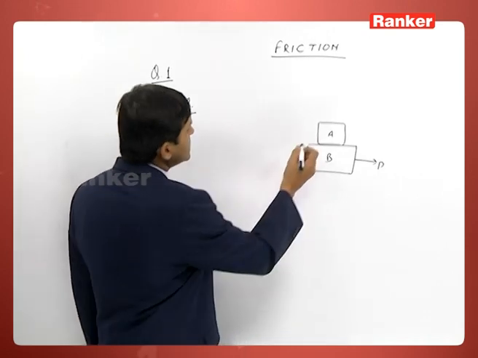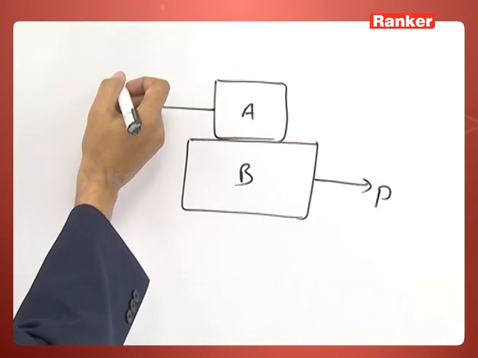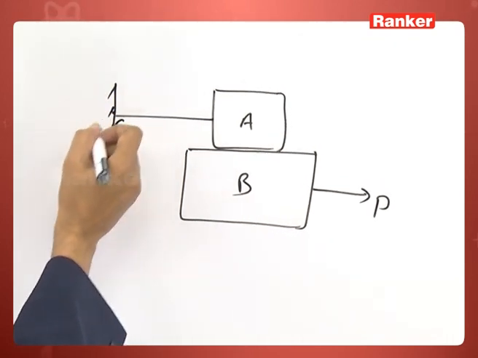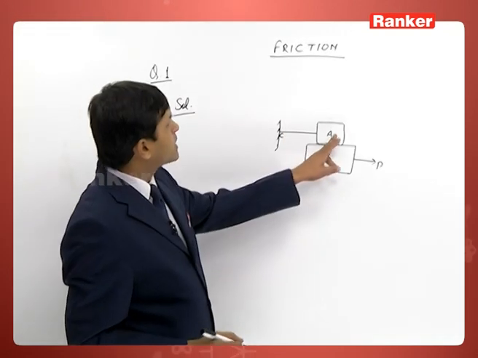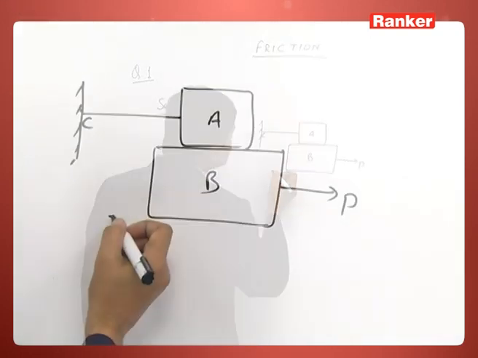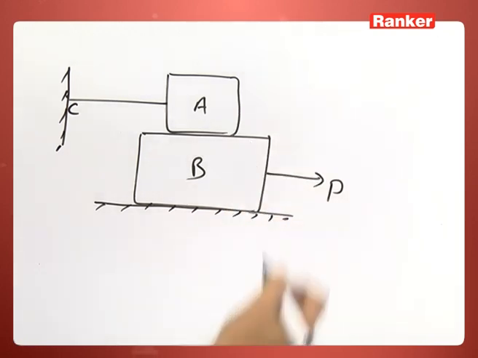And what else is given? Block A is attached with a string. This point is C. It means block A cannot move. Only the block B has to move, and block B is kept on the ground also.